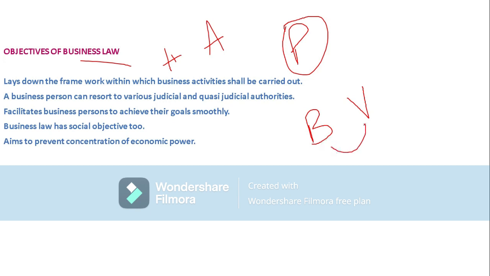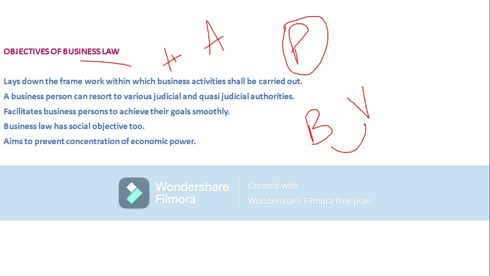It is like the legal glue that holds the business world together, ensuring that everyone follows the same rule book. Understanding business law is crucial for companies of all sizes. This law provides a legal framework for smooth and ethical business operations.